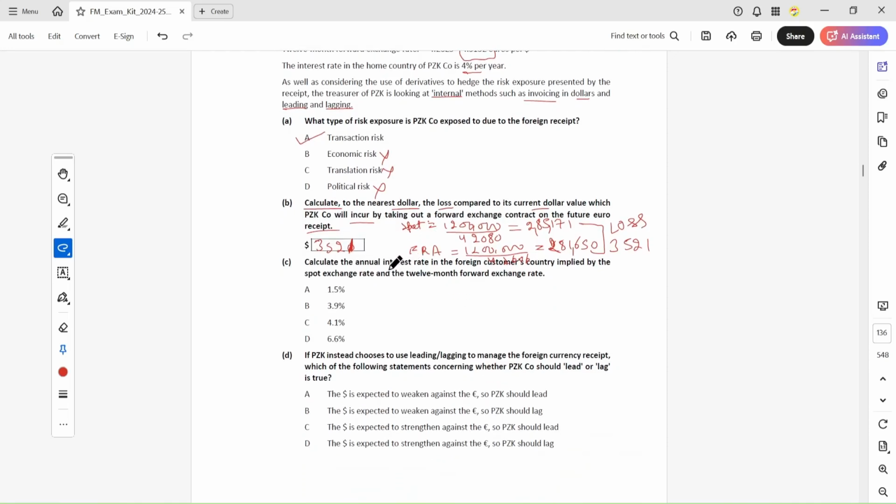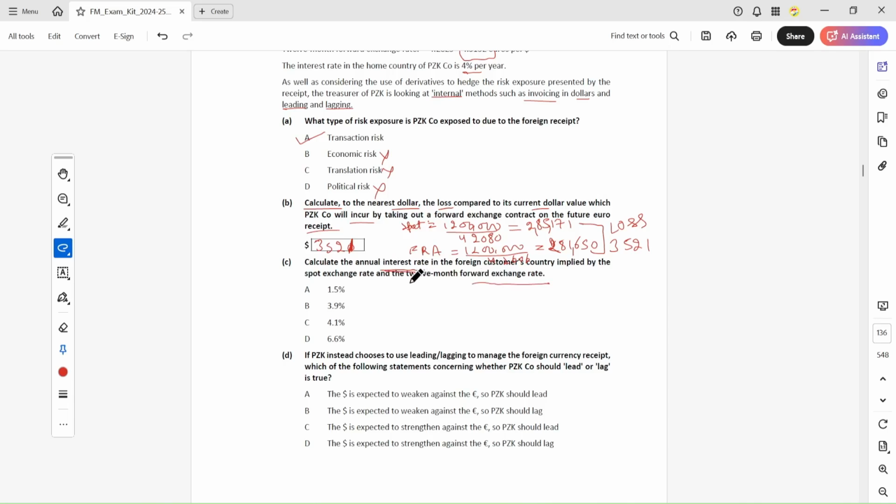Calculate to the nearest percent the annual interest rate in the foreign customer country implied by the spot exchange rate and the 12-month forward exchange rate.